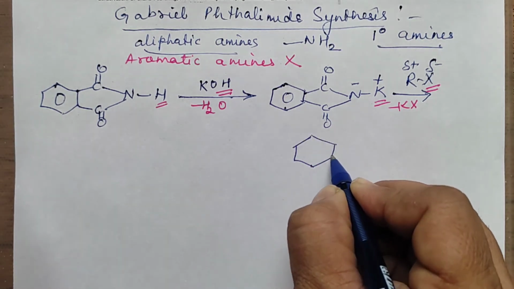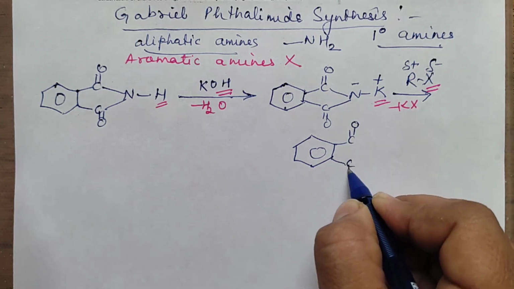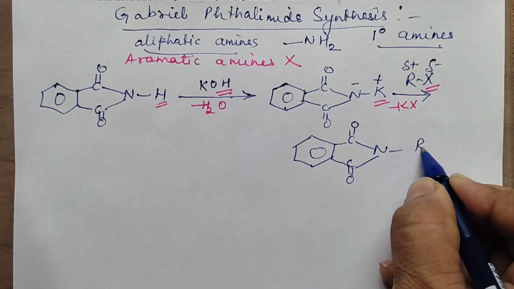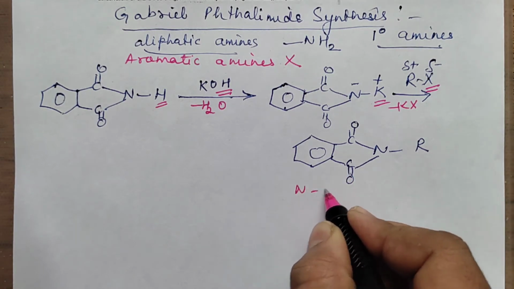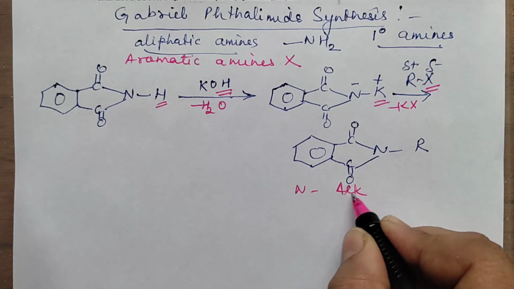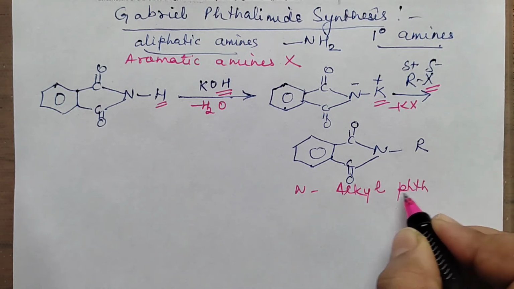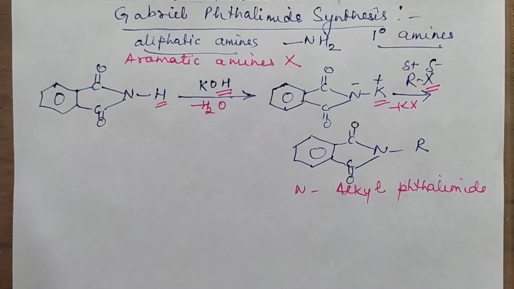So what you will have is this ring, CO, CO, you will have here N, and R attached. Now what is this called? On N there is an alkyl group, so it is N-alkyl phthalimide. The p is silent in phthalimide. N-alkyl phthalimide.